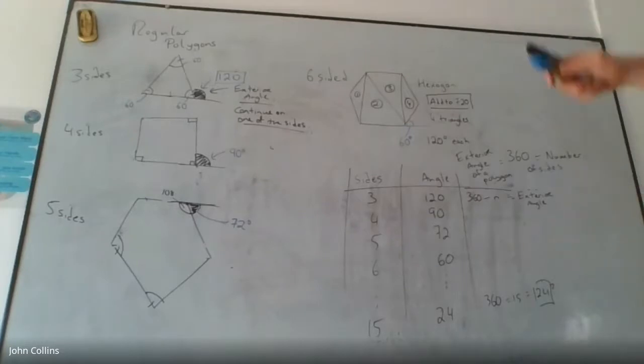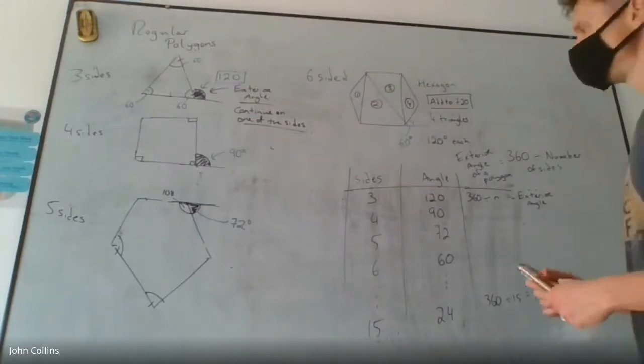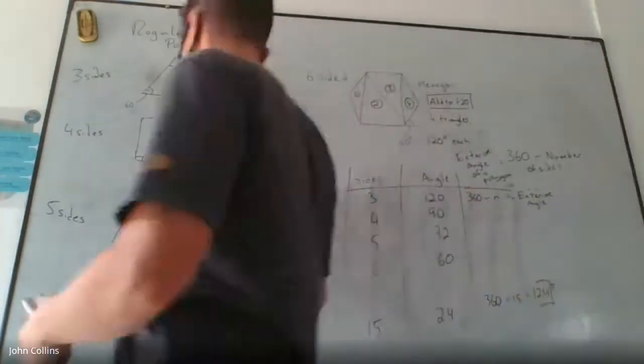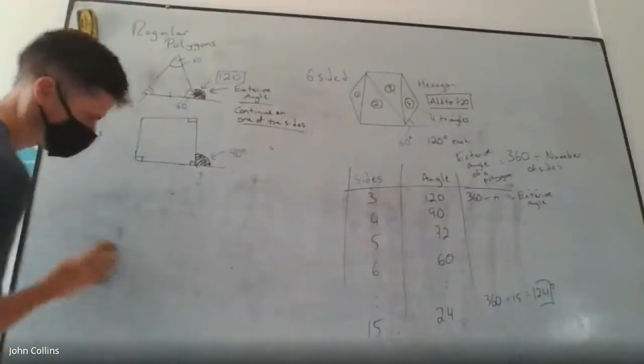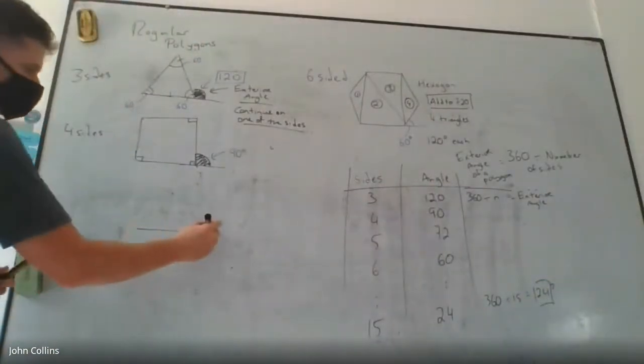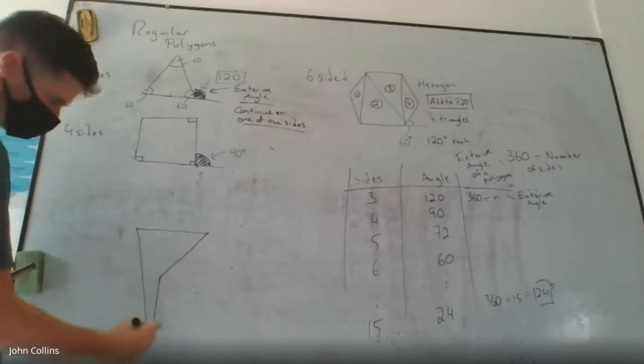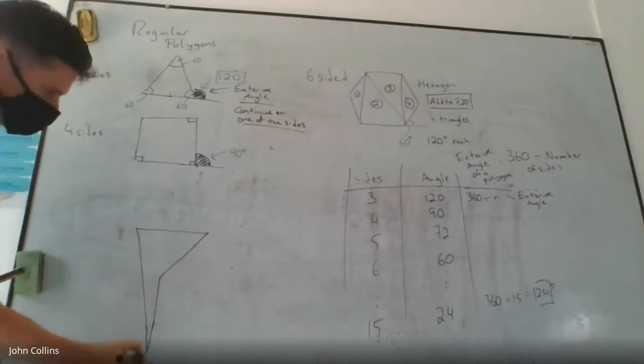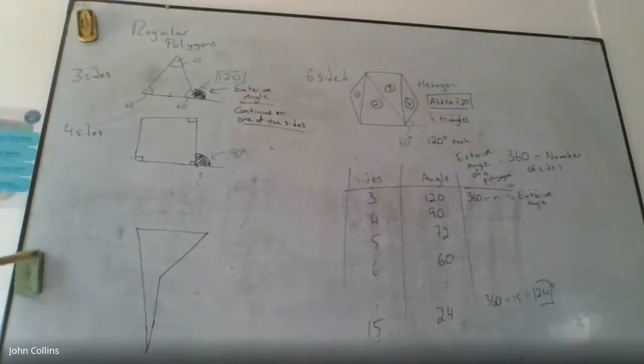These are regular polygons. If they're irregular, the angles are all over the place, they could be any angle, like a random 4-sided shape. The exterior angle is not the same.